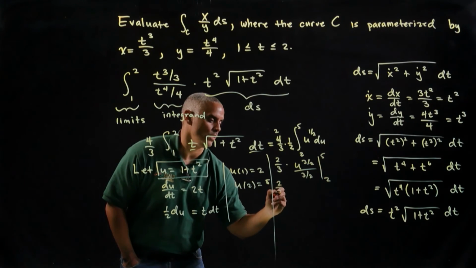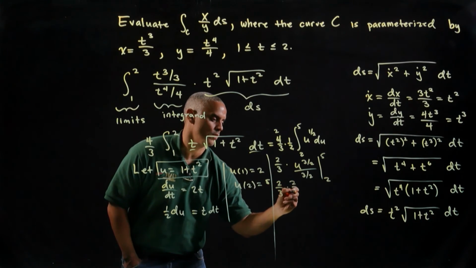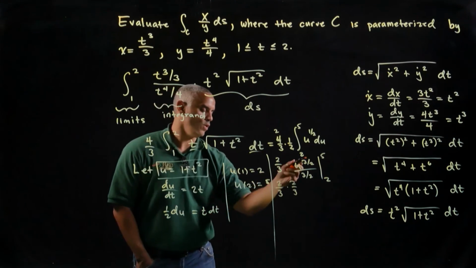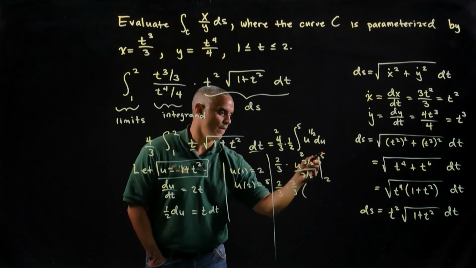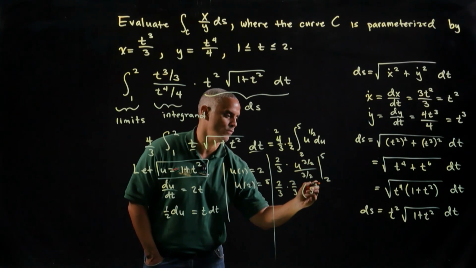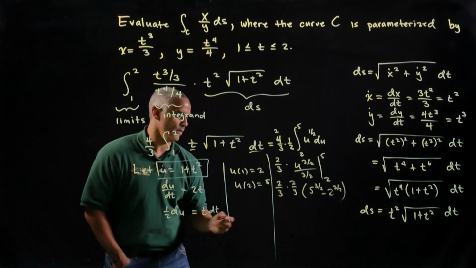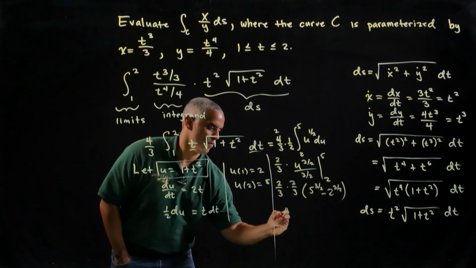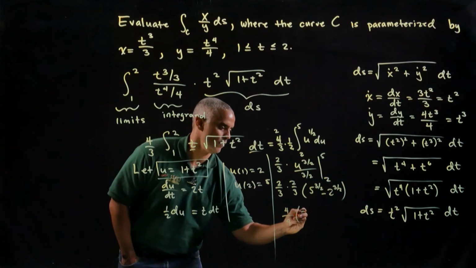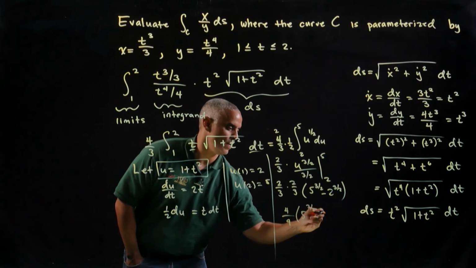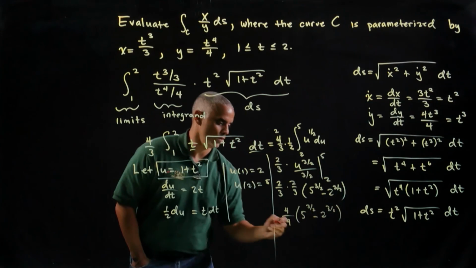So to simplify this, I get 2/3 times another 2/3, and u to the 3/2 evaluated at the upper limit gives me 5 to the 3/2 minus 2 to the 3/2, or 4/9 of 5 to the 3/2 minus 2 to the 3/2.